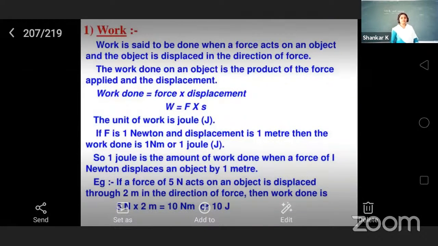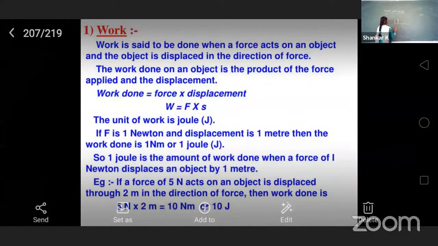Work is said to be done when a force acts on an object and the object is displaced in the direction of force. Here you have kept a box on the table. If you want to move this box, think of it as a floor or a table. So this is an object.